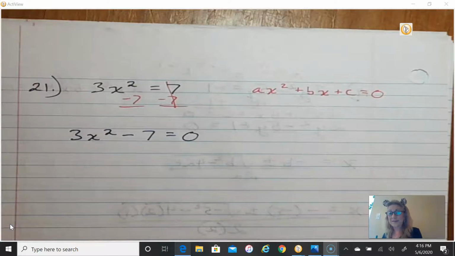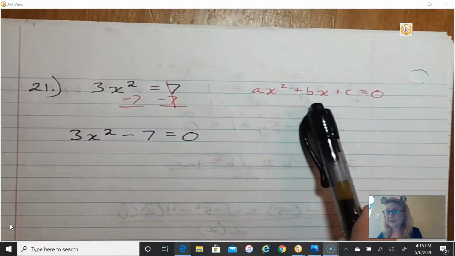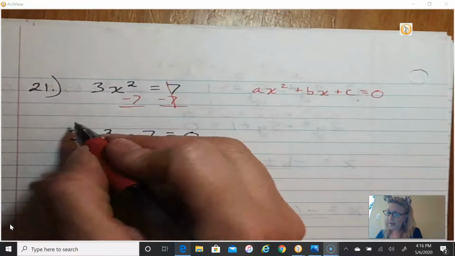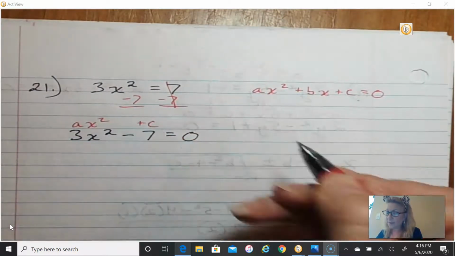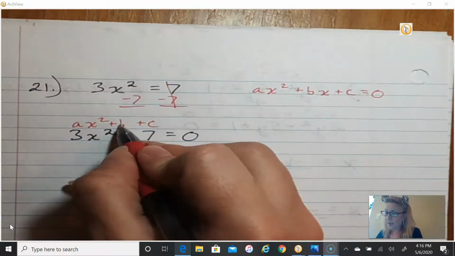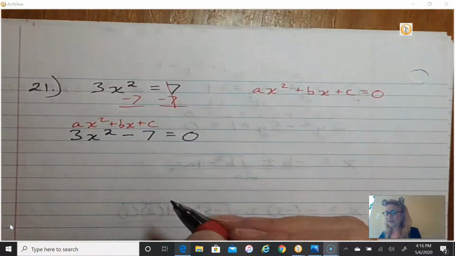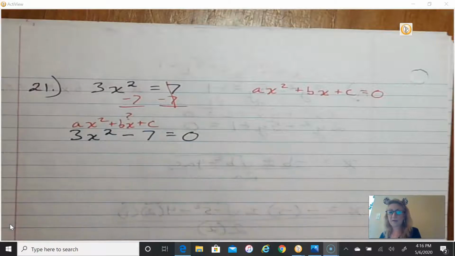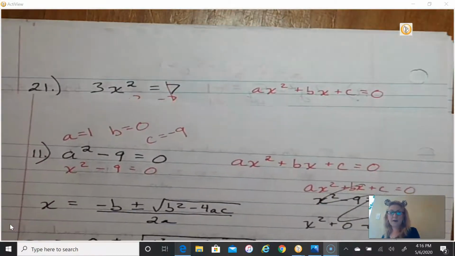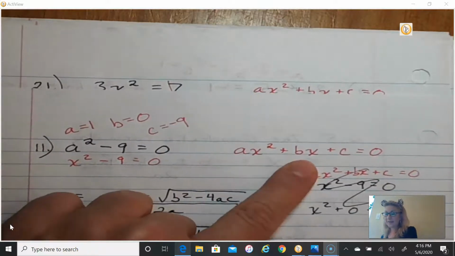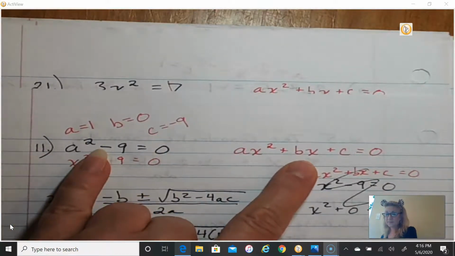Notice something missing? Yep, we're missing the bx part. We have the ax squared here, and we have the plus c right here, but the plus bx, it's missing. Put a little question mark there. That's just like this problem right here, where the bx is missing from here.